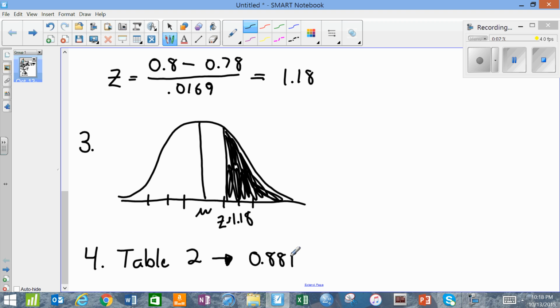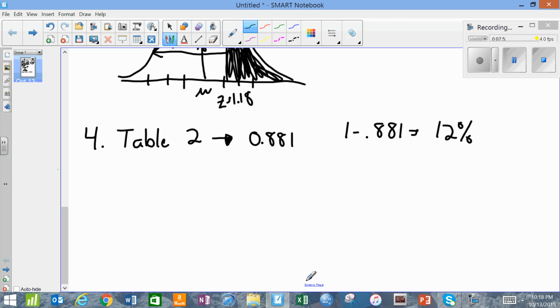And if you remember, that gives us the probability that it falls to the left. So we've got about an 88.1% chance that our data falls to the left of that line. To figure out to the right, we want to subtract from 1.